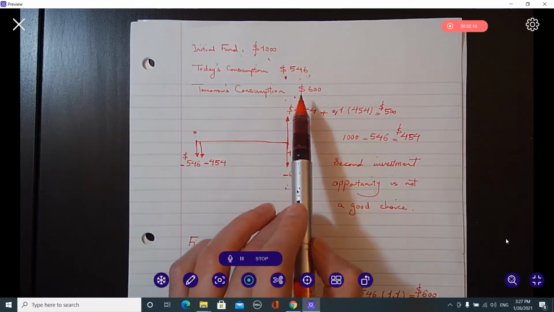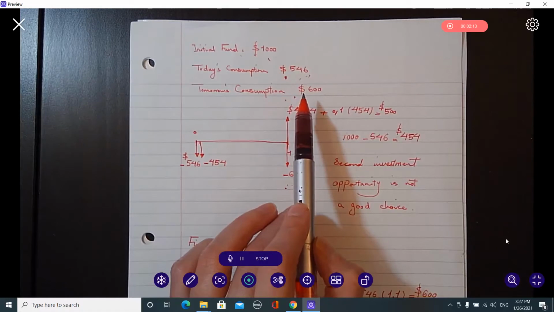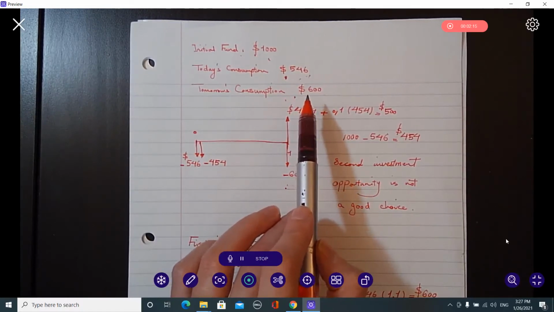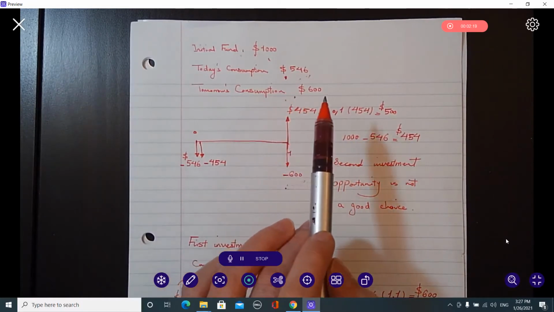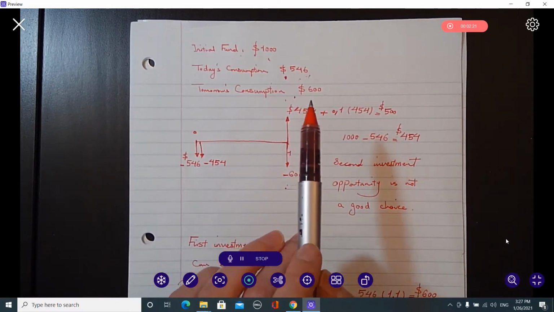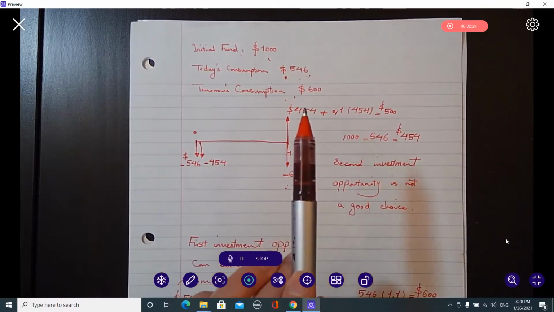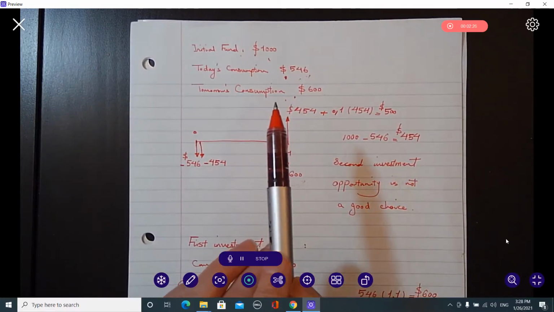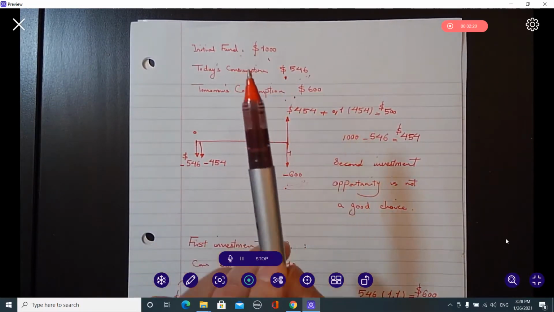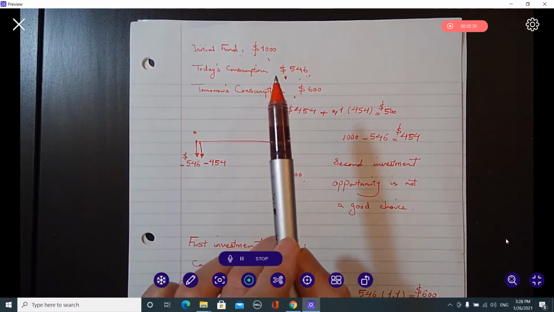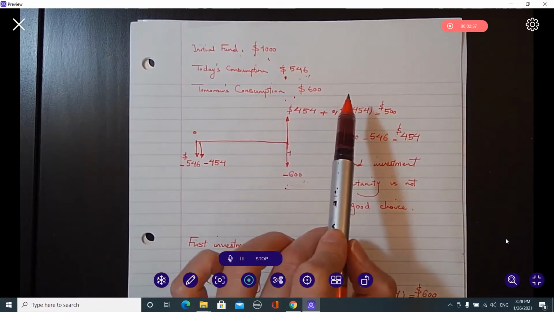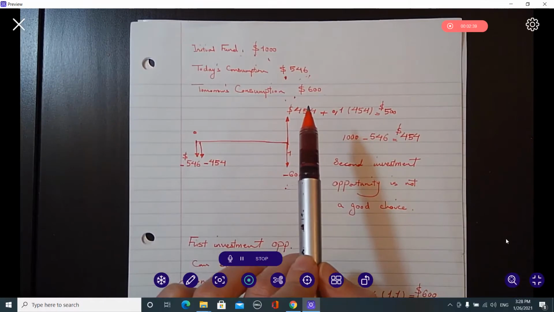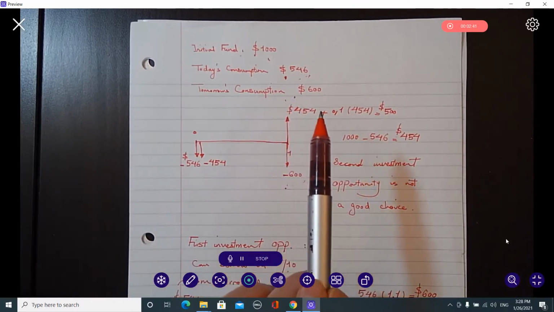Although the individual knows that the first investment opportunity is better than the second one, he encounters a problem because for investing in the ice cream shop, he should invest $1,000 today. But today, he has to pay for his own consumption too. So he cannot invest in the ice cream shop.